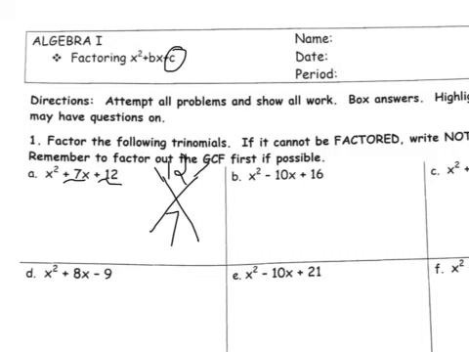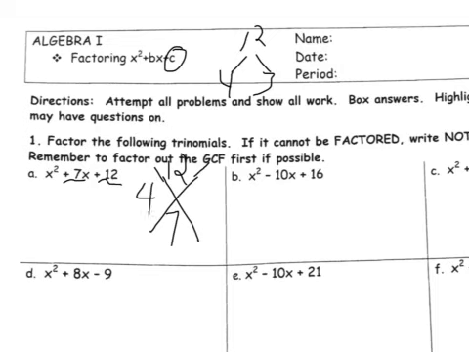Let's see here. I'm trying to multiply to get 12, so it can be 6 and 2. Well, those don't add to get to 7. There's no way, so I'm going to scratch that off. And then I'm going to try 4 and 3. Well, that works. 4 plus 3 equals 7.